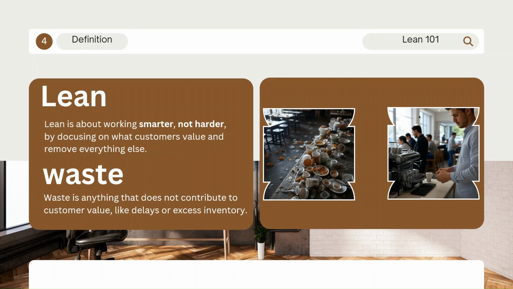So without lean, something looks like the left picture, and with lean it becomes the right picture. In the left picture everything seems very cluttered, it's a mess, and in the right picture it seems very standardized, calm, cool.